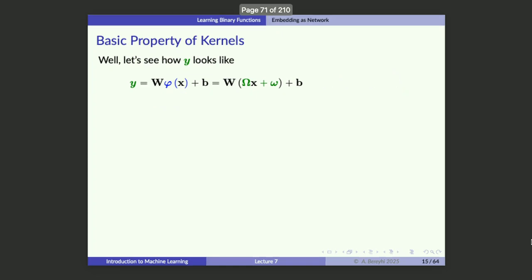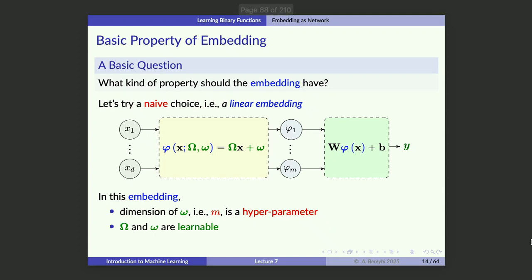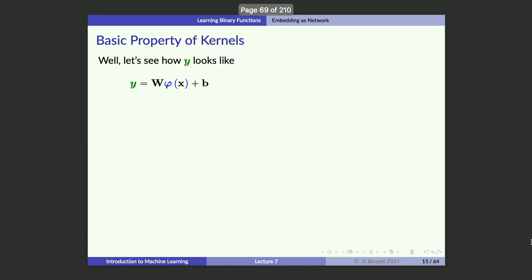My output, if I don't do feature extraction and connect x directly to my linear transform, is going to be one weight times my input plus bias. I ended up, again, with the same thing. And all of the parameters here are things that I can freely choose, meaning that at the end of the day, if I do perfect tuning of everything, I'm going to end up, again, with the best linear model that I can think of.